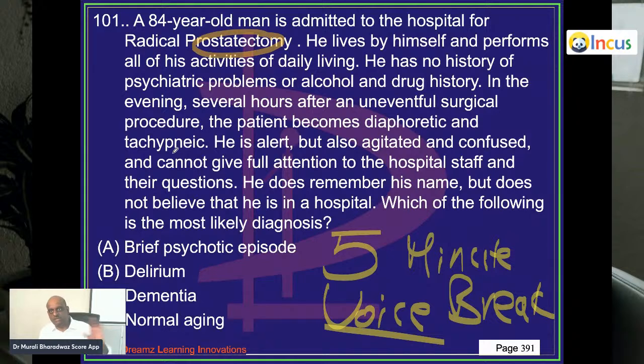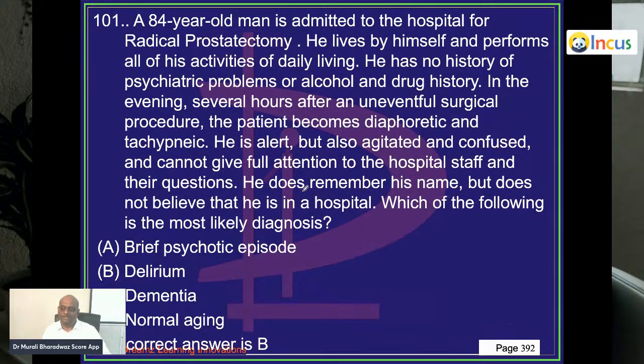But when he is in the surgical ICCU after surgery, suddenly he got agitated, confused, and cannot give full attention to the hospital staff or their questions. He doesn't remember his name. He does not believe that he is in hospital. Classical of delirium.